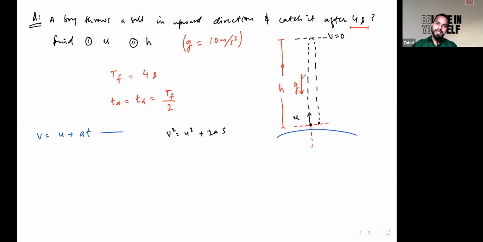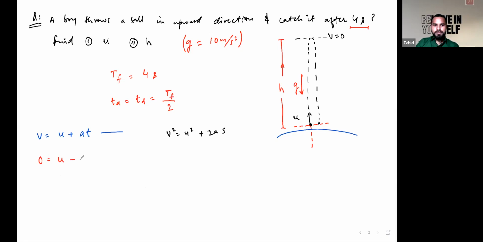As gravity always acts along the downward direction, it is along the negative y coordinate, so it will always be negative. So v is 0 for the highest point. u we have to calculate.